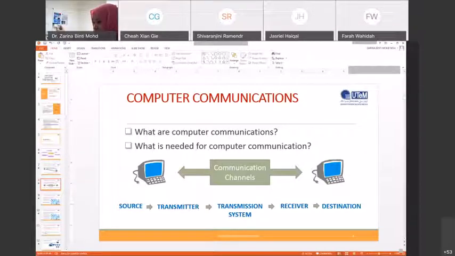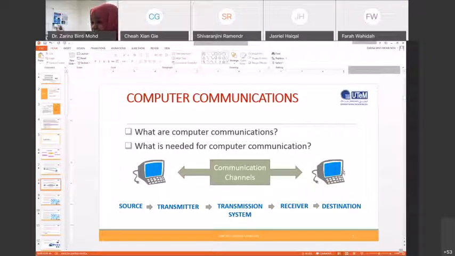The source and destination can also be our mobile phone, so when we send information from our phone to another phone, they are the source and destination.